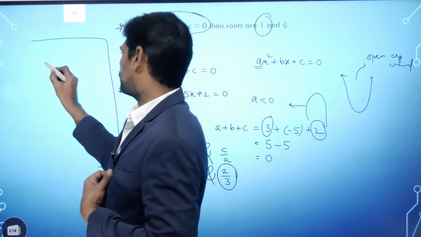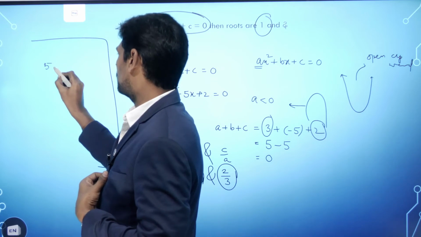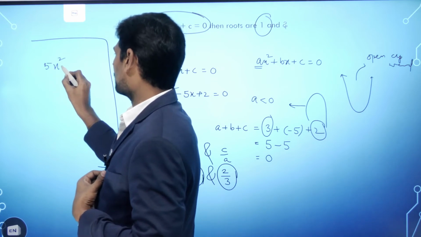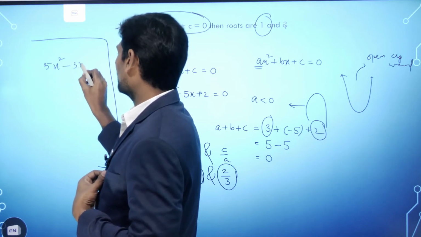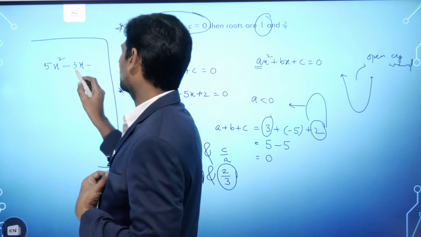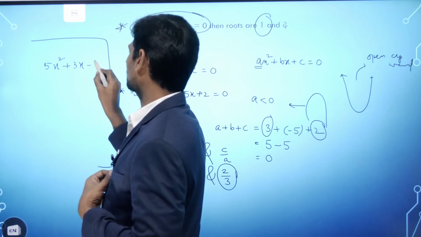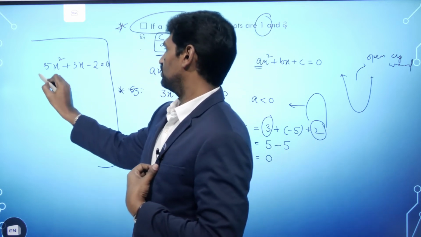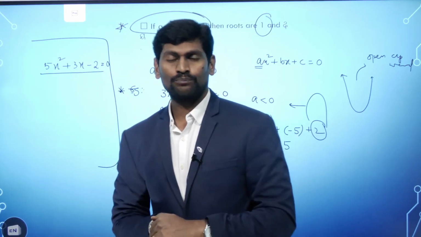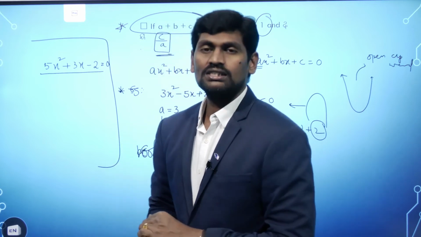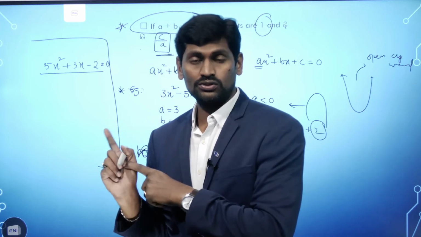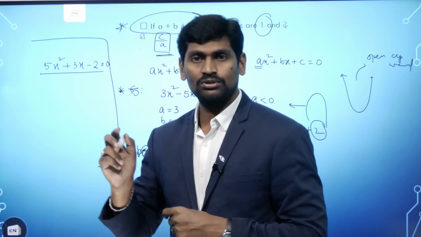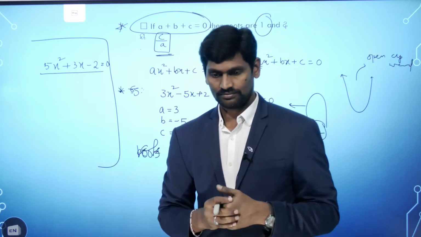So that is 5x square plus 3x minus 2 equal to 0. So this is the quadratic equation. First, check whether the condition is satisfied or not, then tell me the roots.